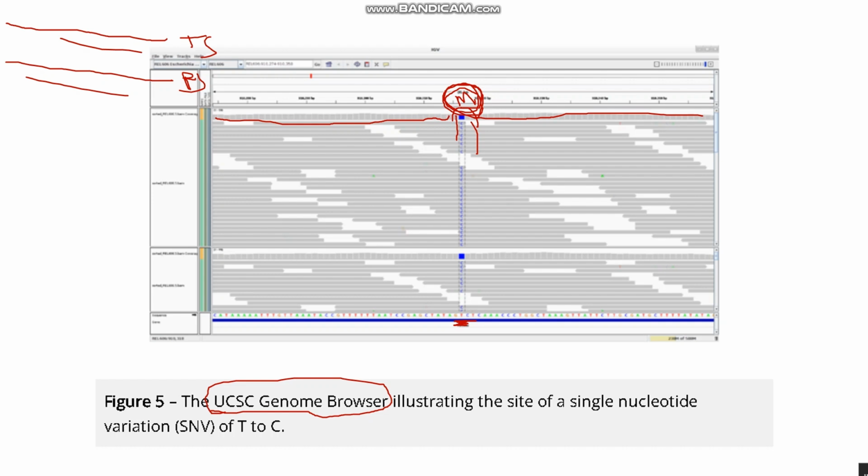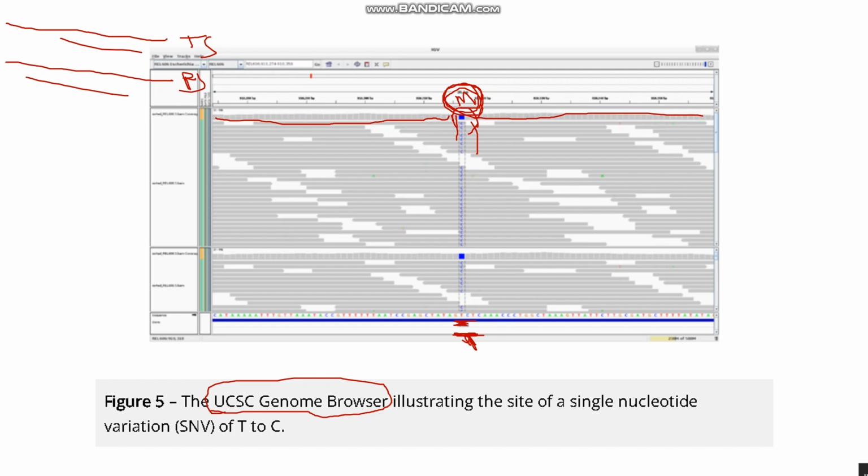The actual reference sequence has T, but at the mutation the test sequence or the variant sequence has C. As we see, there is a C, and the Phred score, quality and coverage are very high.